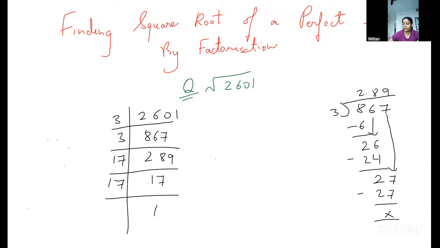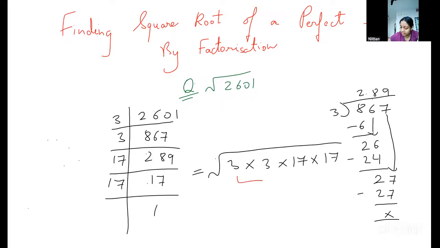Now we will make pairs. So we have 3 into 3 into 17 into 17. So we have two pairs, one of 3 and one of 17. Bring one out. 3 multiplied by 17. Multiply and tell me what will we get. 51. 51 is the answer.